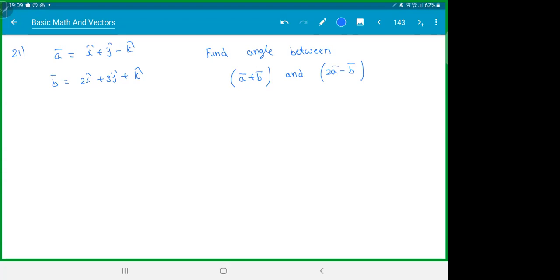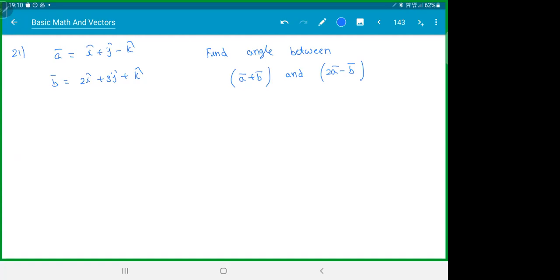How do you do this? Cos inverse minus 4 by 5 root 2.